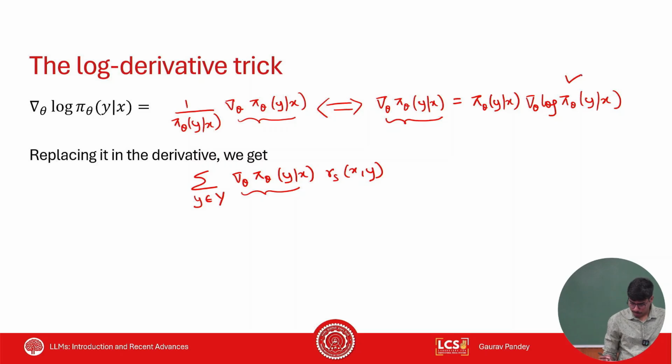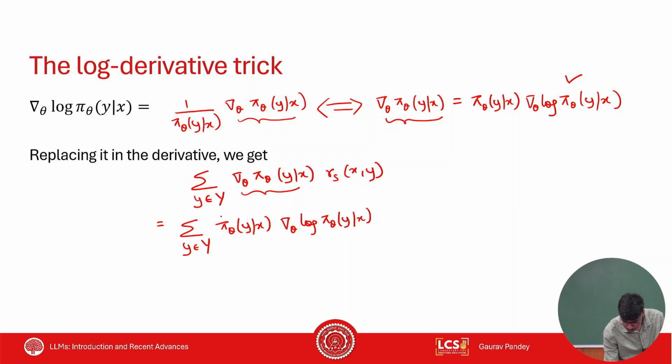So this will become summation over y belonging to the domain, policy times gradient of theta of log of the policy times reward.